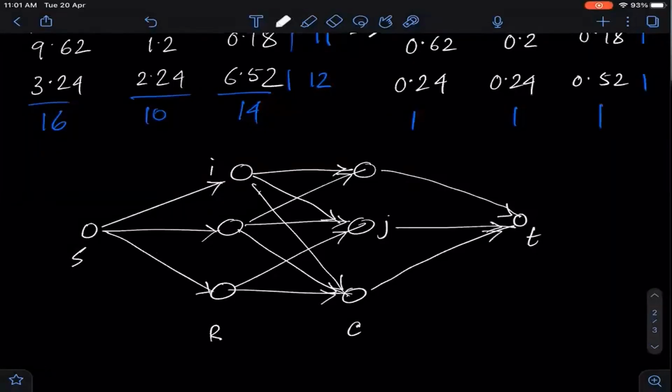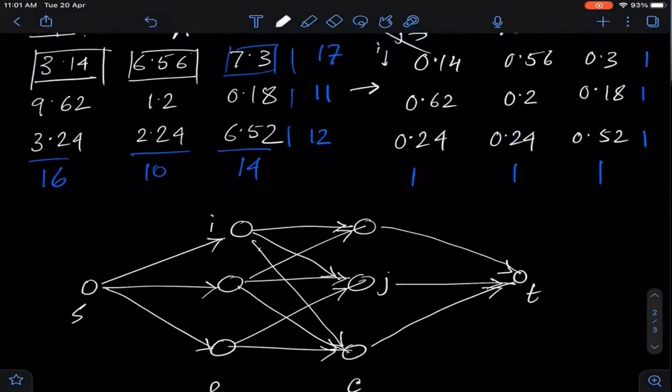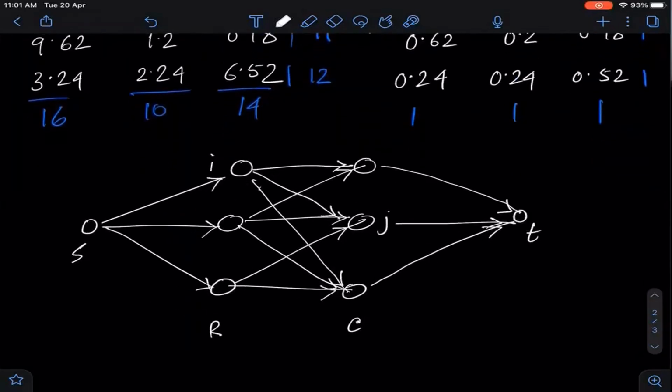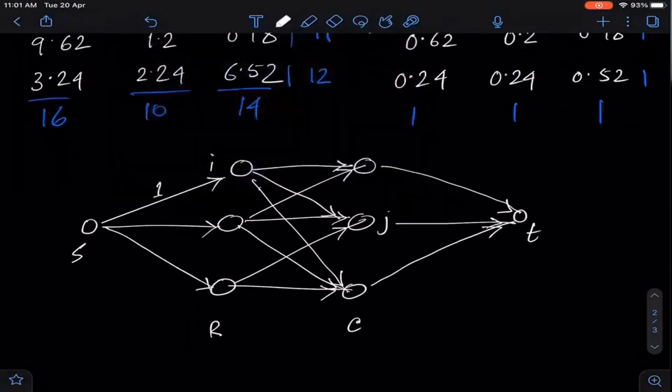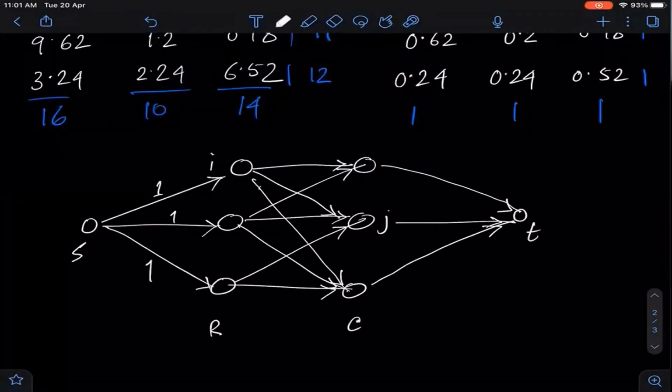ऐसा कर दिया मैंने. Now what are going to be the capacities of these edges? Because ultimately I have to define a flow network. तो ये जो SI वाला edge है, इसका capacity I will keep to be the sum of the row I. यहाँ पे तो सारे 1 है, तो इसका capacity मैं 1 रख लूंगा. So the capacity will be 1 everywhere. और इनका capacities भी मैं 1 रख लूंगा.